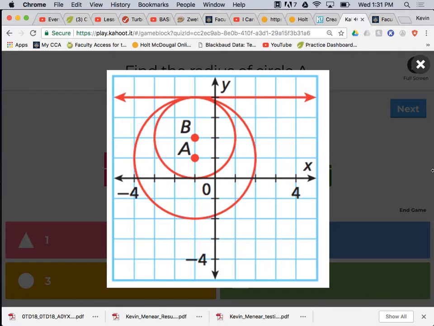Look, pay attention, class. Here's the center. Here's the edge. I thought it was about the little one. No, circle A. This is not the center of this little circle. That's the center of the little circle. See? You gotta be able to decipher it visually. Good job. All right.